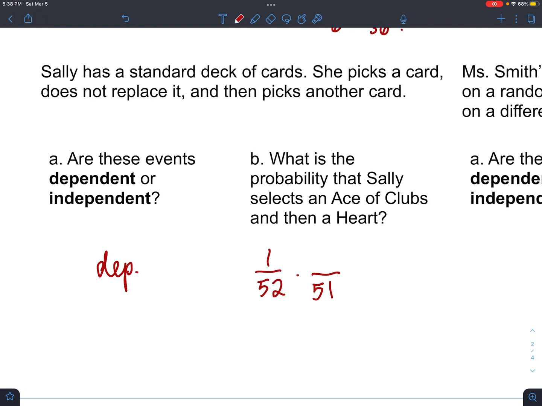When you have dependent events, you have to affect the denominator because typically you're taking something out, right? And how many of those cards left are hearts? Well, the ace of clubs was not a heart, so we still have all 13 of our hearts, meaning that if you simplify this down, you get 1 out of 204.